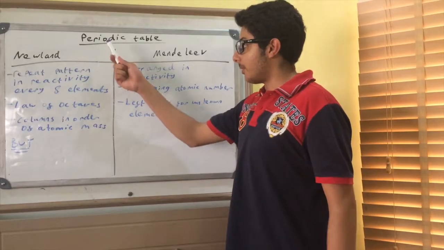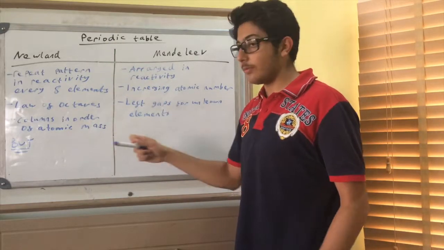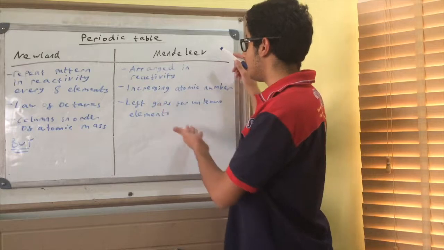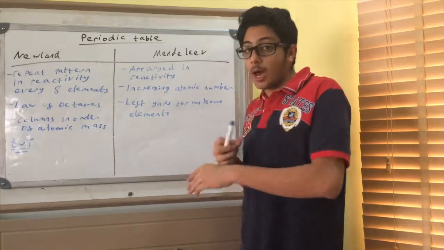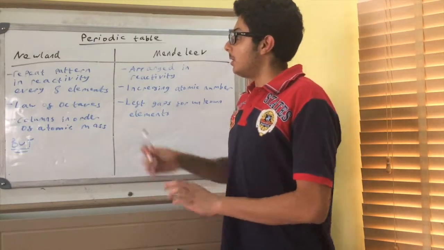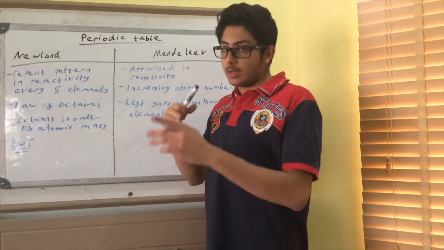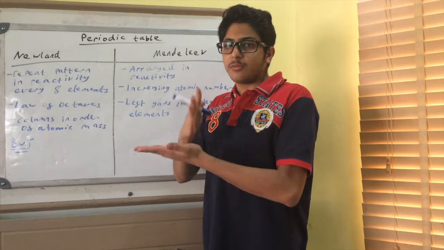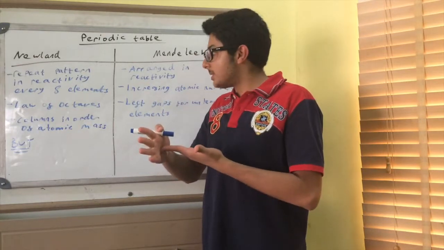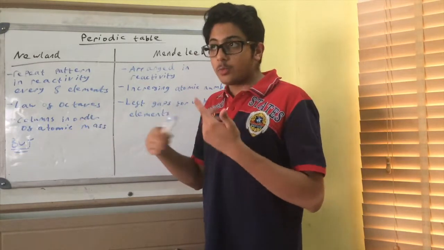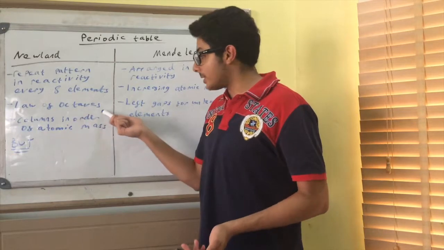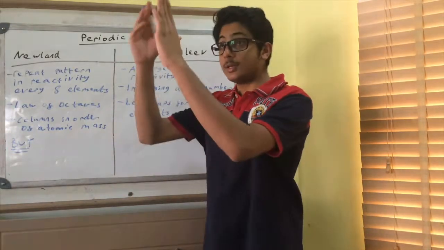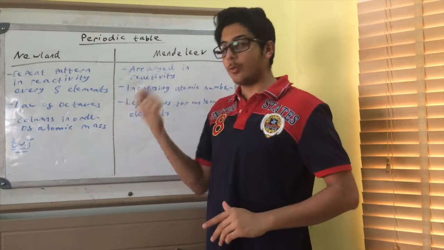So you have some points on Newlands' version of the periodic table and Mendeleev's version of the periodic table, which is now our modern version. Newlands arranged his periodic table in order of reactivity, and there's a pattern of reactivity in every 8 elements, and this layout was thus called the law of octaves. And he arranged it in columns in order of their atomic weight.